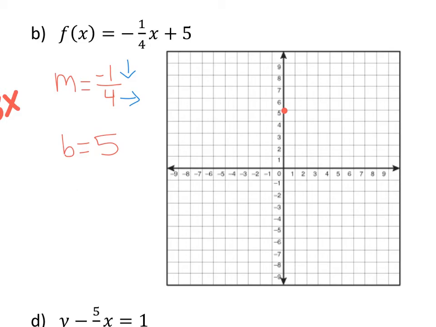Okay. So down 1, right 4, down 1, right 4. I'm going to go in the opposite direction. Up 1, left 4, up 1, left 4. And you're going to use your ruler and draw a line.